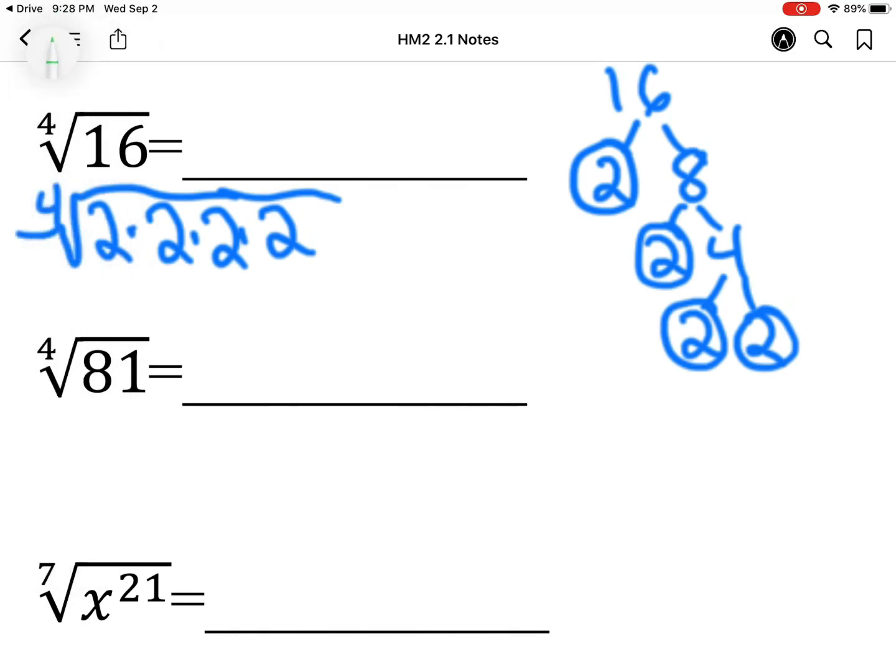I'm looking for a group of 4 of the same number, the same variable, underneath that radical. So I have exactly 4 of the same number. They're going to move out of the house and become 2. And that's always a plus and minus.